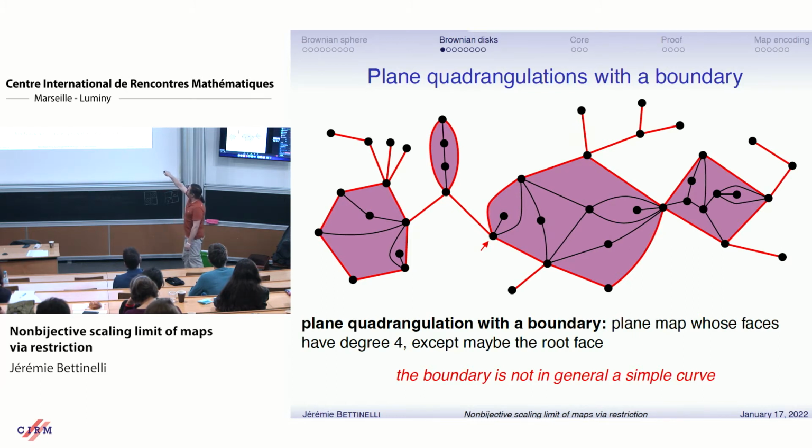So one face here, the white one, the infinite one, the unbounded one, doesn't have degree 4. And I insist on the fact that the boundary is not necessarily simple, which means that when you go around the boundary, maybe you can meet some vertices twice, or even more than twice. So here, for instance, at this vertex there, when I go around, I meet it once. And so this is completely allowed.